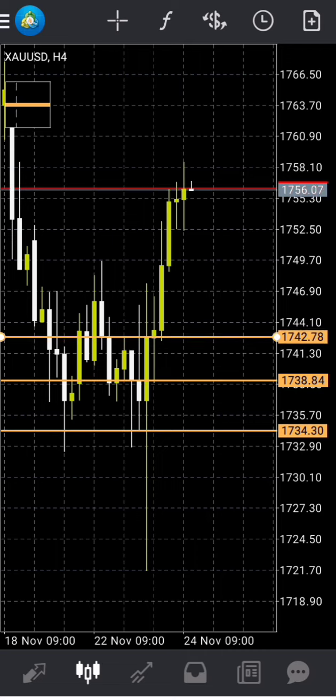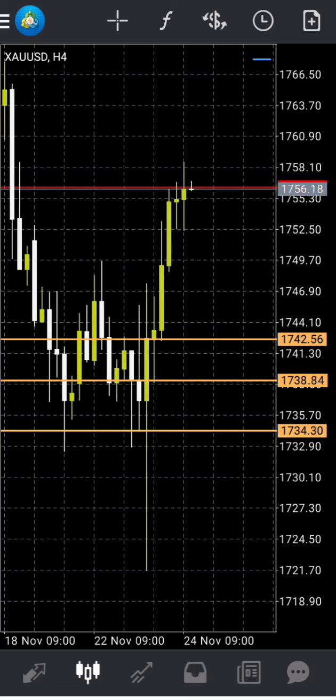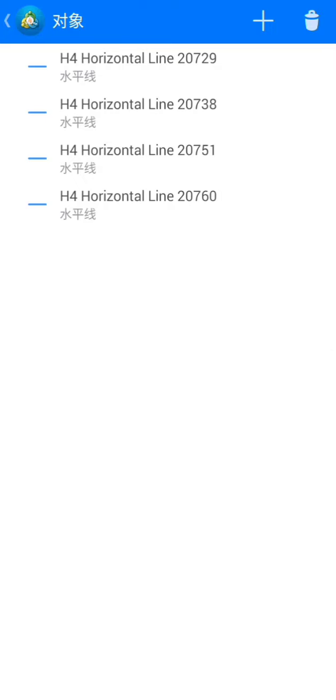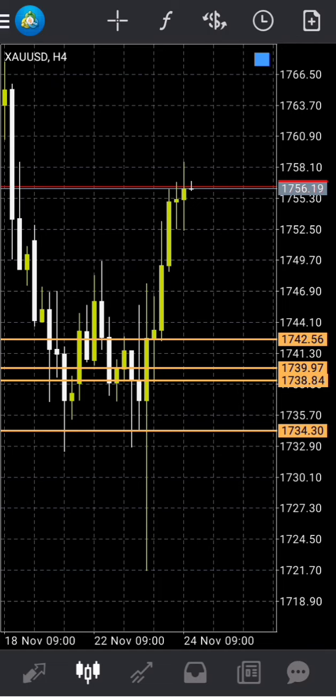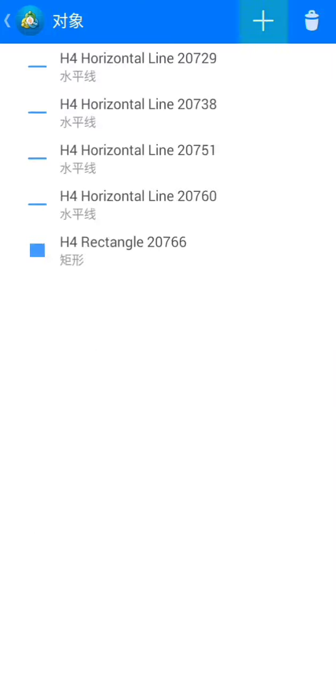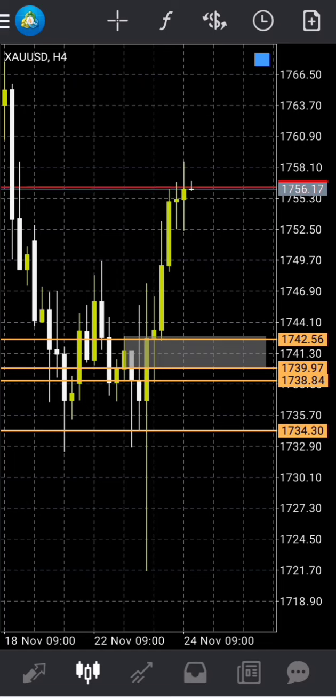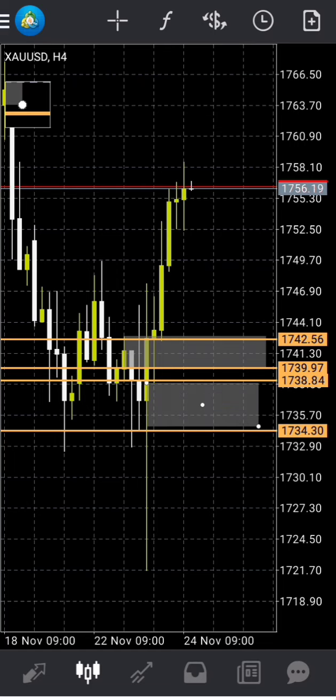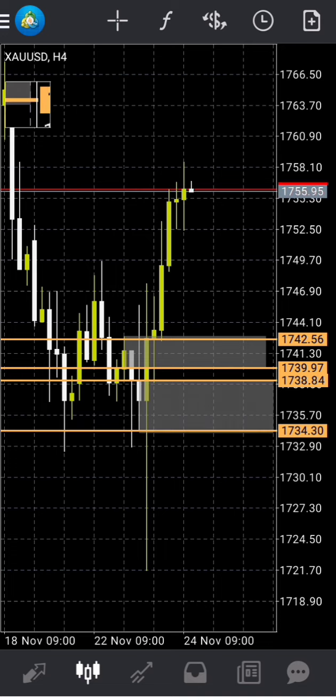This is a white candle where the white candle eat the yellow candle. Okay, then I will draw the zone. Okay, so far so good. So we have two zones here.